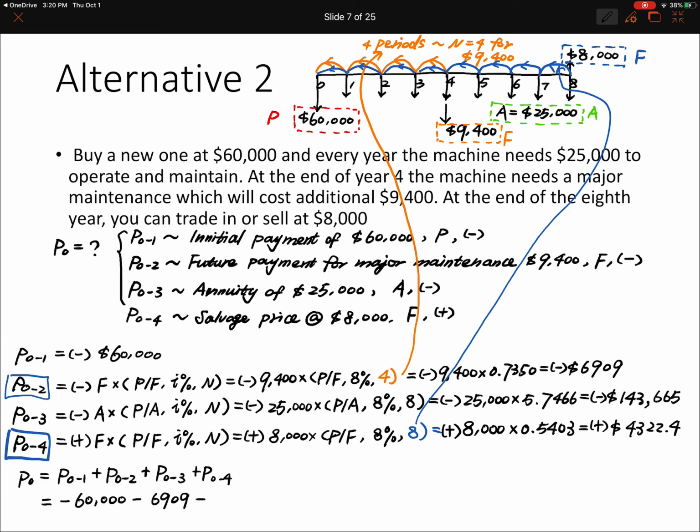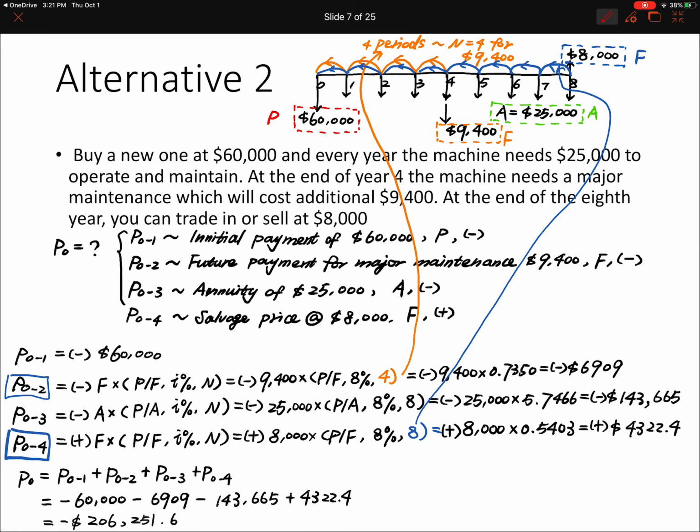Negative 6909, negative 143,645, plus 4322.4. So the final is negative 206,251.6.